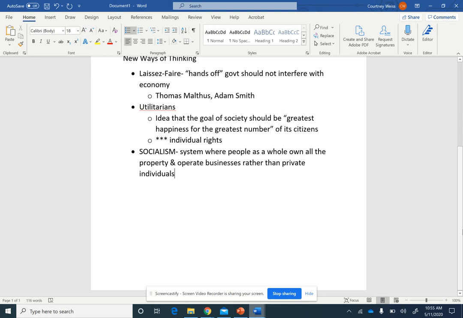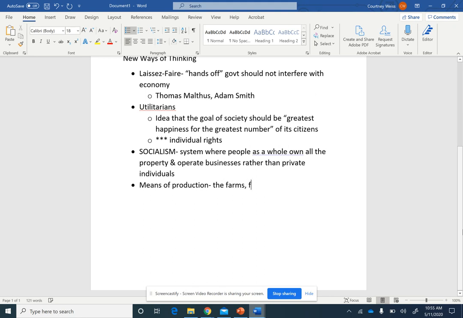And when we talk about operating businesses, we're talking about means of production. So, means of production is how stuff gets made. This is the farms. Okay.